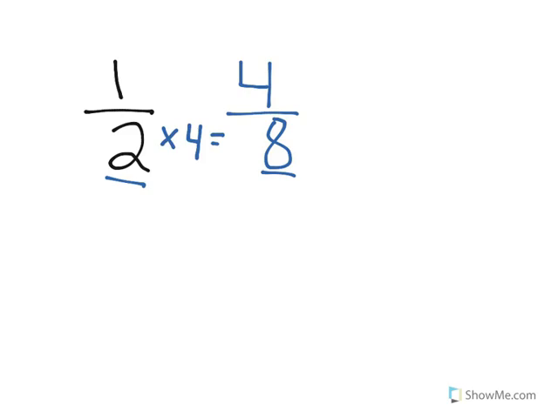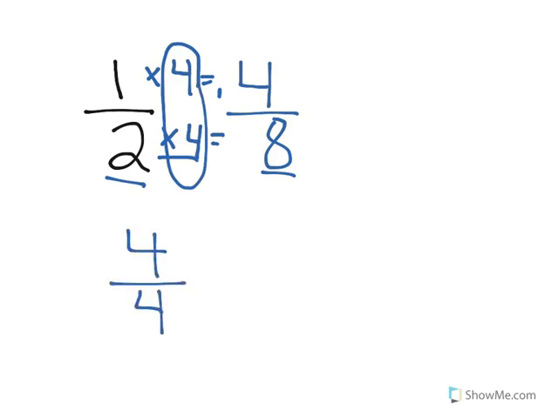If I think that 1/2 might be equivalent to 4/8, whatever I do to the bottom, I have to do to the top to make it equal. So let's see if 1 times 4 is 4. It is. So I'm going to circle this 4/4 right here.